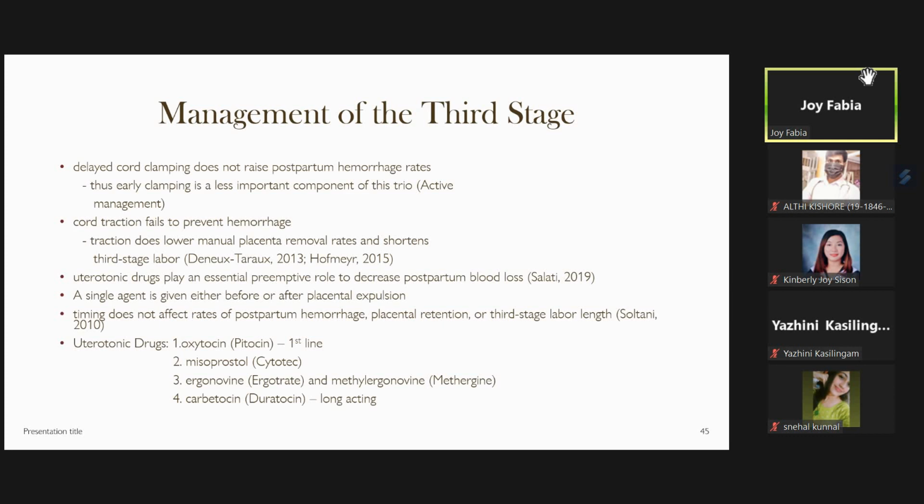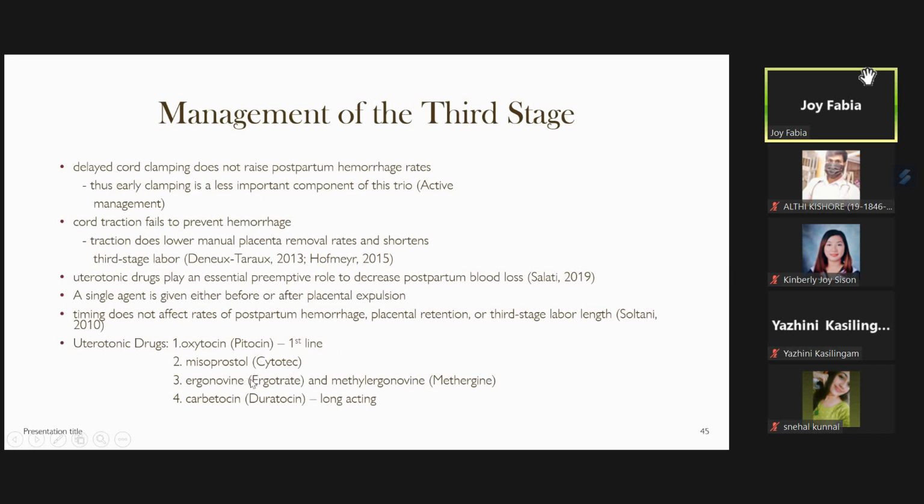So ito nga, these are the uterotonic drugs. Our first line is oxytocin. The misoprostol or the cytotec, ito syempre, regulated drug to actually, hindi siya actually na natin masyadong ginagamit kasi bawal siya. Pero kung medical needs naman, yun, pwede naman.